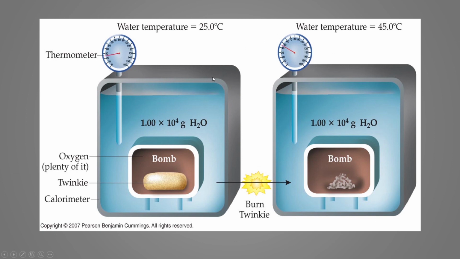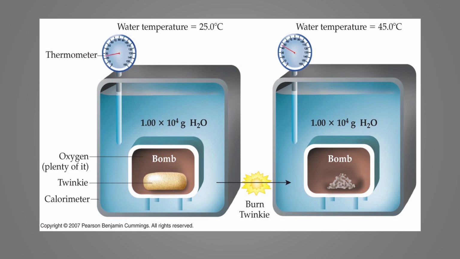With this information that we have here, we can see that there is a change in temperature, right? There is some amount of water that has absorbed the heat, right? And this water has its specific heat that we already know. Specific heat of water is 1.000 calorie per gram per degree Celsius.